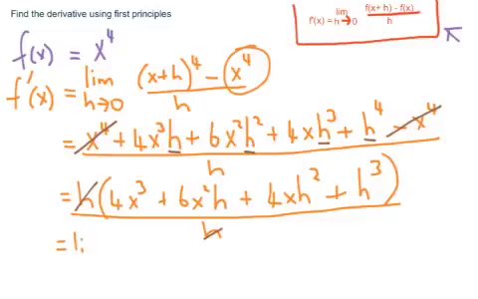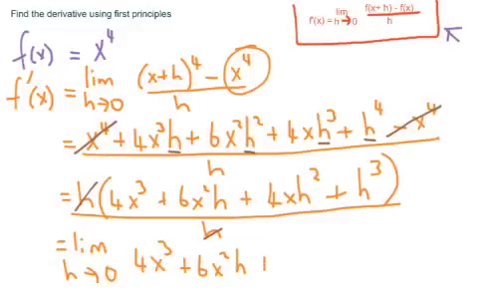And now I'm actually going to write it again, the limit as h tends to 0. What I have is 4x cubed plus 6x squared h plus 4x h squared plus h cubed. Now we're going to apply the limit.